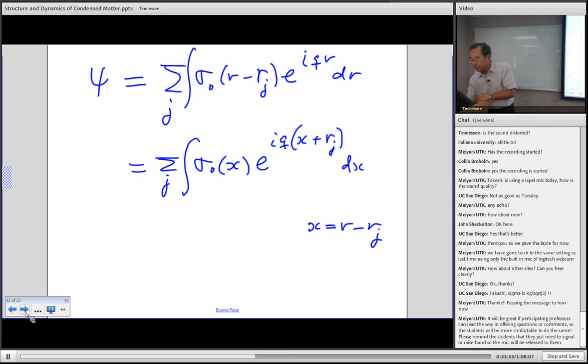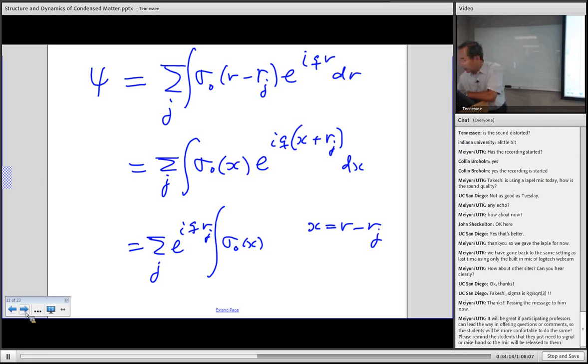So this becomes equal to the sum over j of e to the iq rj times the integral of rho 0 of x e to the iq x dx.